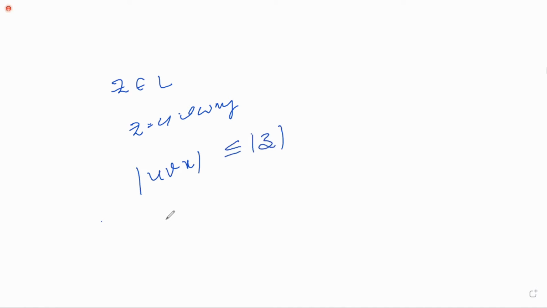Pumping lemma is a technique or a tool which is used to prove that a language is non-CFL, which is not a CFL. In that, the formal definition is: let L be any infinite context-free language and the string Z belongs to L. Here the condition is assume Z equals UVWXY. The modulus of VWX, that is the length of VWX, is less than or equal to the length of Z, and the length of VX is greater than or equal to 1.